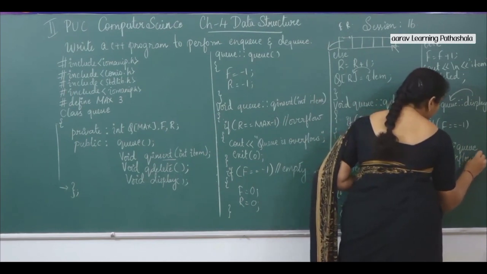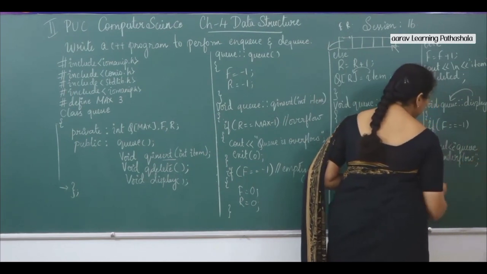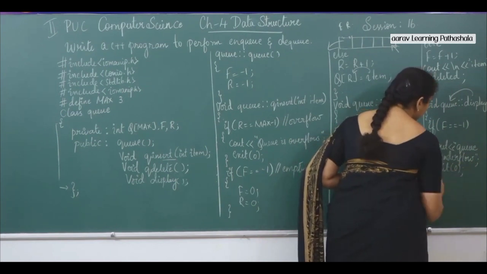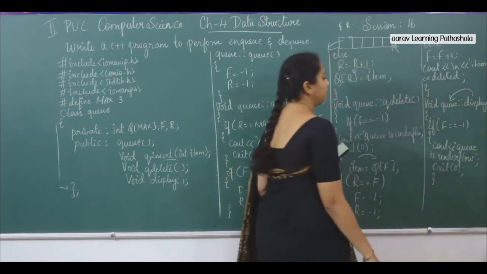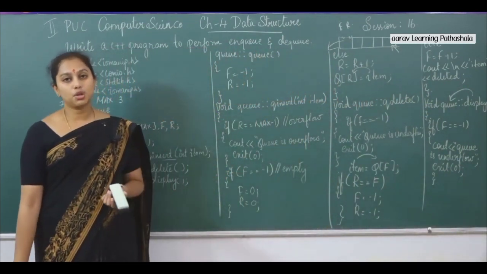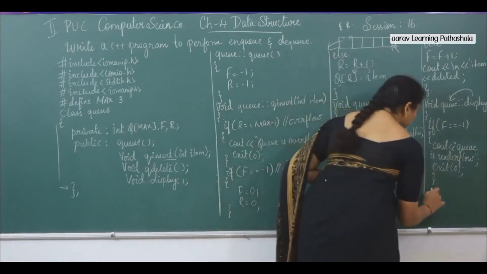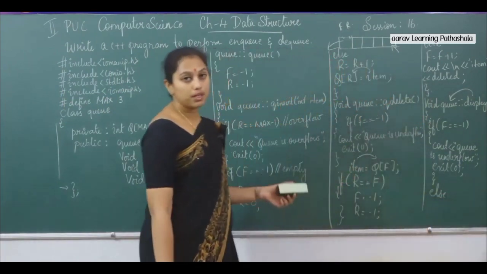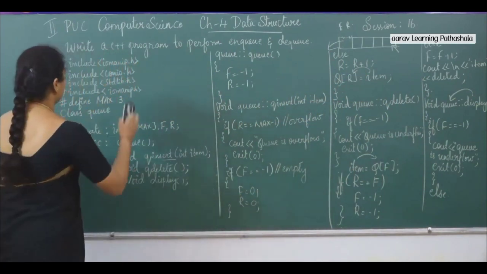If it is empty, we cannot print any items of the queue, hence we exit from this condition. Else, if the queue is not empty, I am going to print the queue items.